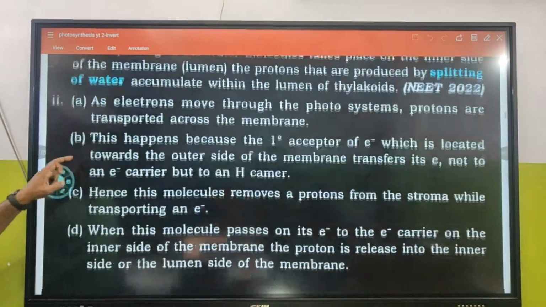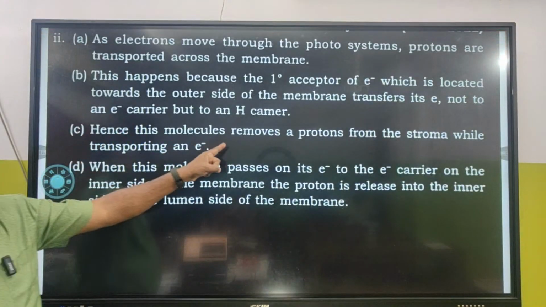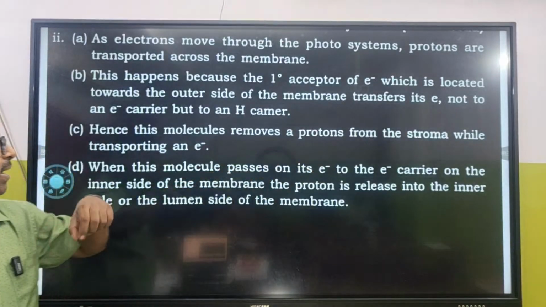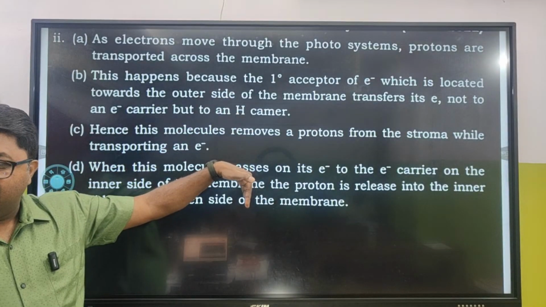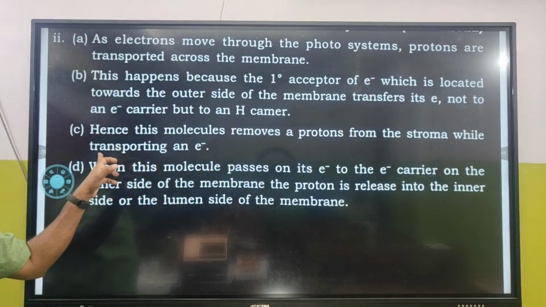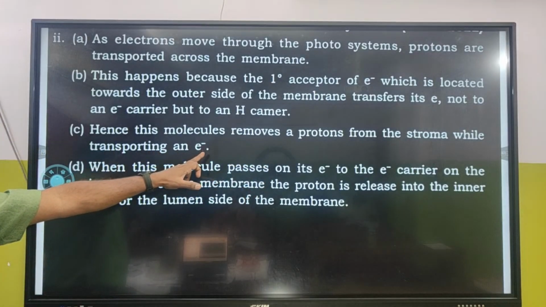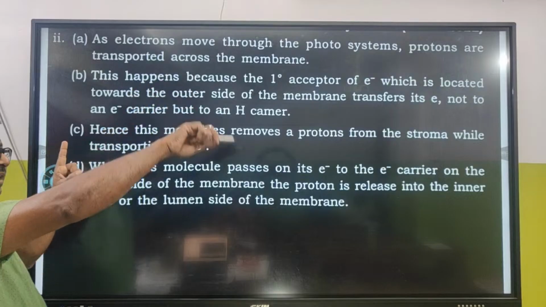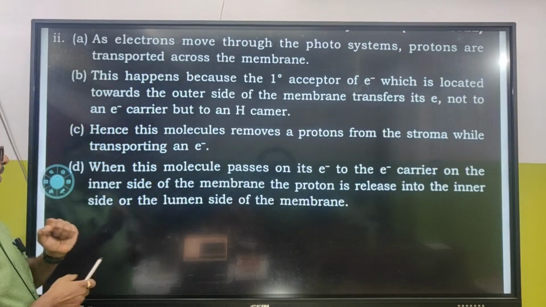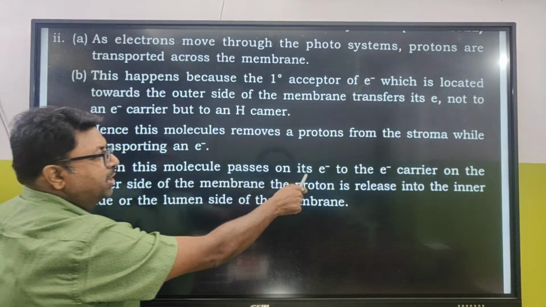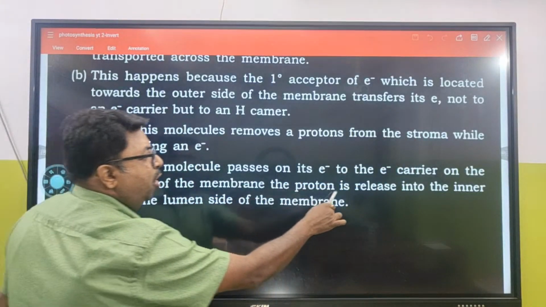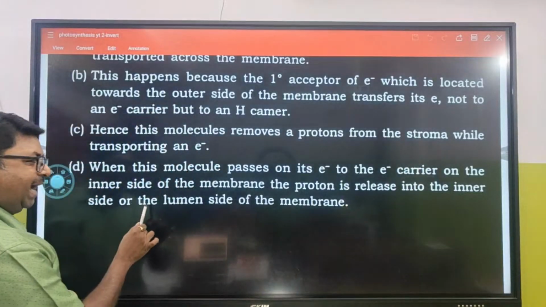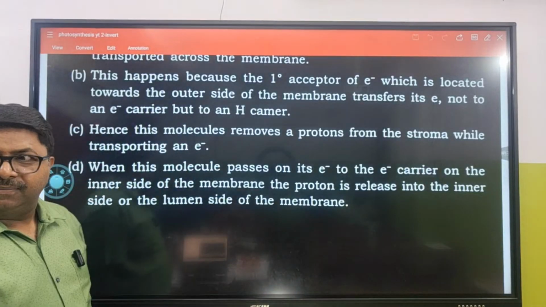Hence this molecule removes the protons from the stroma while transporting an electron. So it removes the H+ ion and transports the electron. When this molecule passes on its electron to the electron carrier on the inner side of the membrane, the proton is released into the inner side, or the lumen side, of the membrane.